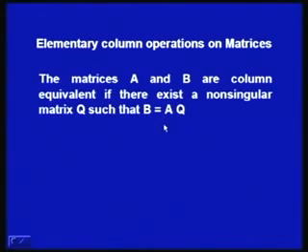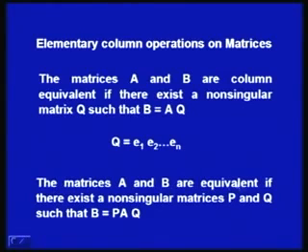That is the basic difference between row operations and column operations. And this matrix Q is actually a series of elementary column matrices, E1, E2, En. I am using small letters to denote the elementary column matrices. So, Q is equal to E1, E2, En.